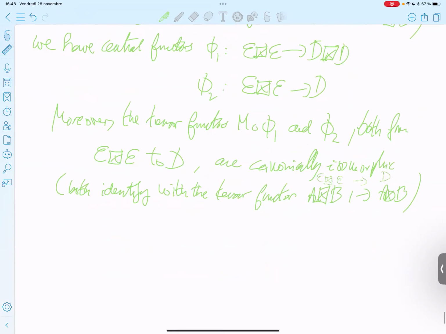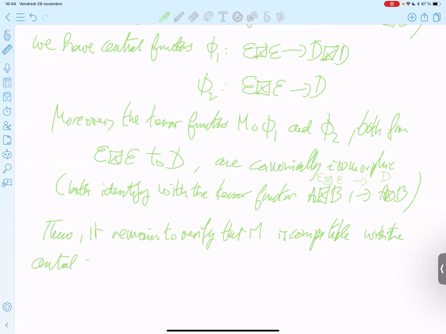Then it remains to show that M is compatible with the central structure. Thus, it remains to verify that M is compatible with the central structure phi1, phi2.